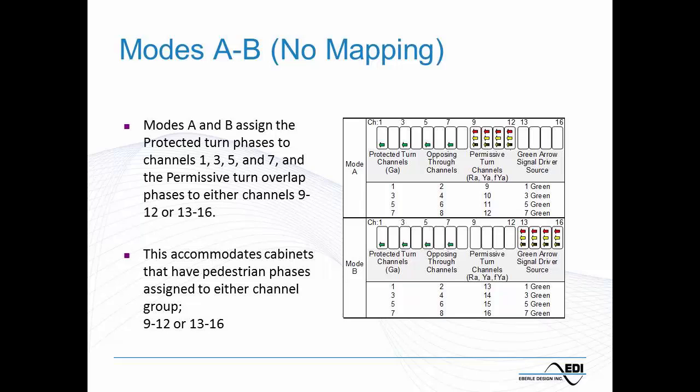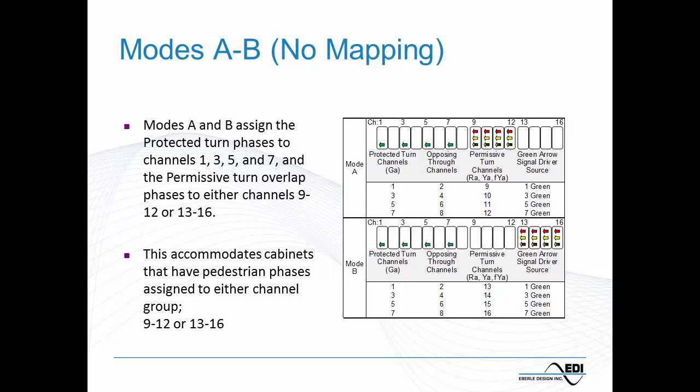I believe today the default convention for a NEMA TS-2 16-channel assignment is similar to mode B. The channels 9 through 12 are usually assigned to the pedestrian channels, and 13 through 16 are overlaps.